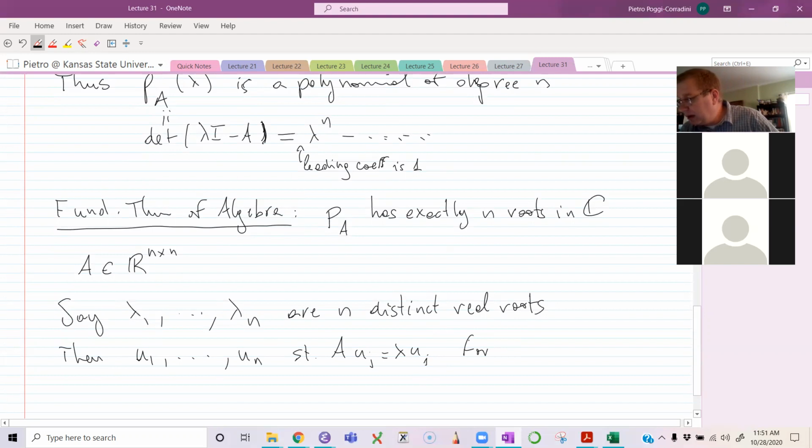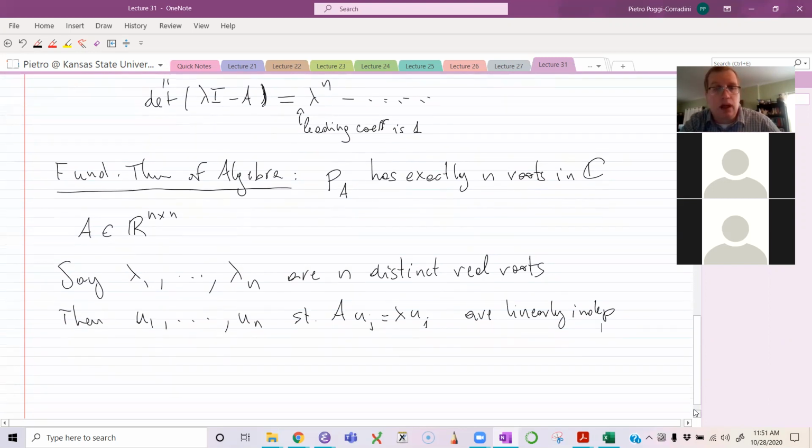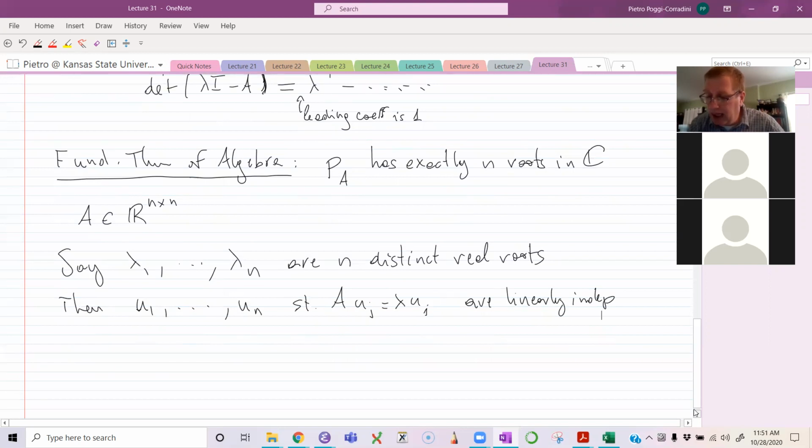Well, they are going to be linearly independent. Right? And so they form a basis, and you can change variables. And that's called diagonalizing, right?